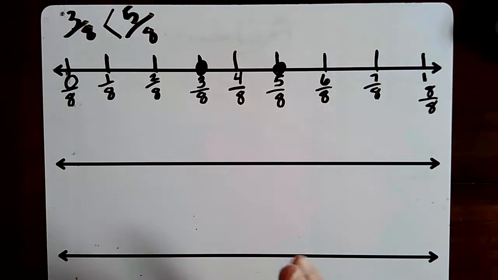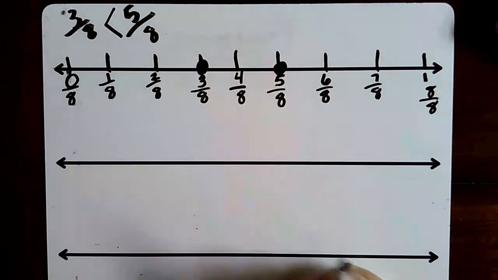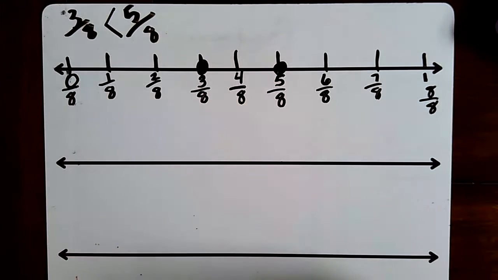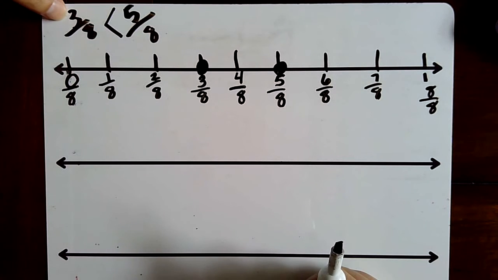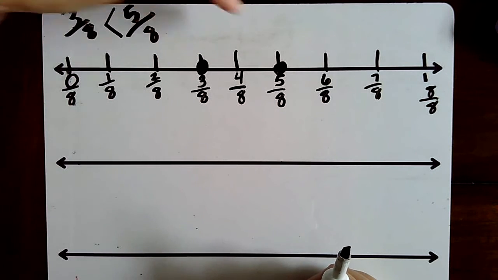And we used one number line to do that. We labeled it and we put our dots on, and we could see starting at 0, 3/8 is less than 5/8. And we can think about this like if we were walking on a trail and it was 1 mile, and Rylan went 3/8 of a mile and Isaac went 5/8 of a mile.